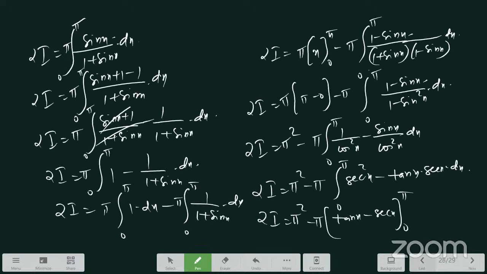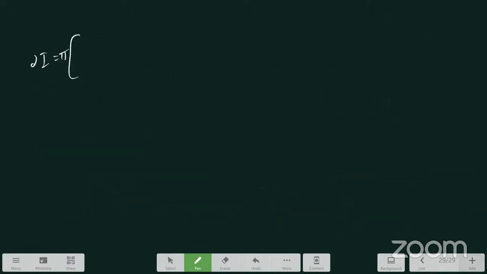So 2I is equal to, what is that? Here I get pi square minus pi into the complete upper limit.